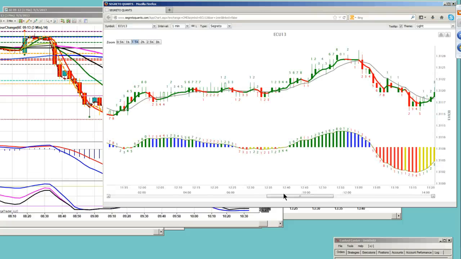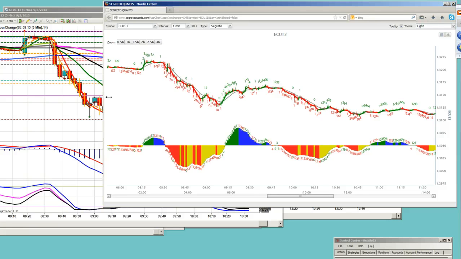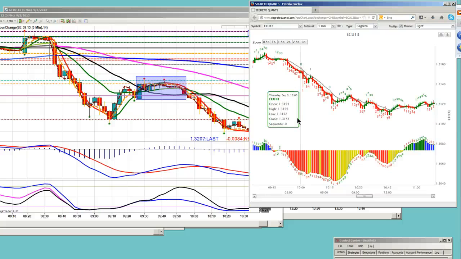Oh, I know why, because my chart is too long. Okay, so at 10 o'clock, you can see when you see your HMA's good to go, your Segredo's there, and here's your 3-minute at 10 o'clock. Now it becomes pretty clear as to the direction.